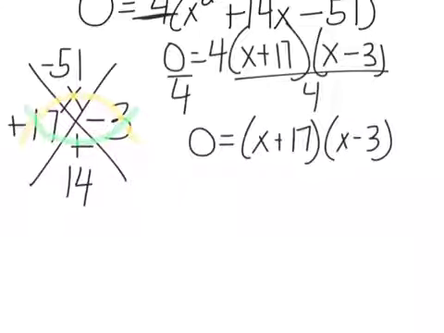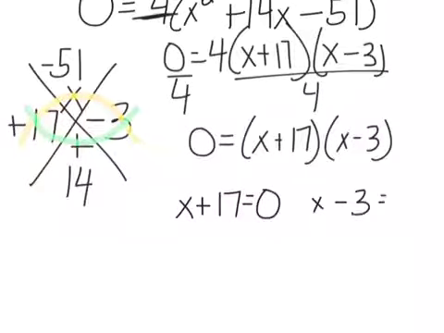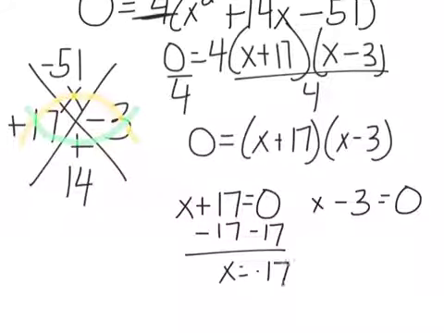Okay? So I have x plus 17 equals 0 and x minus 3 equals 0. So when I solve this, if I subtract 17, I get x equals negative 17. And if I add 3, I end up with x equals 3.